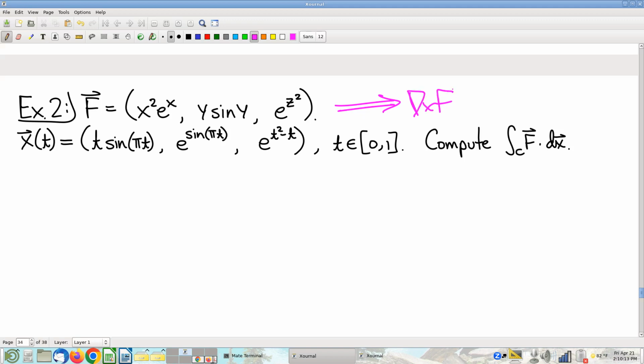Turns out all of the partial derivatives here are easy. You're going to have to take, for example, the y partial of that. There's no y's in there. You will then be taking the z partial of that. There's no z's in there. And just because of what's a function of what, all those partials are immediately 0. So the curl is 0.